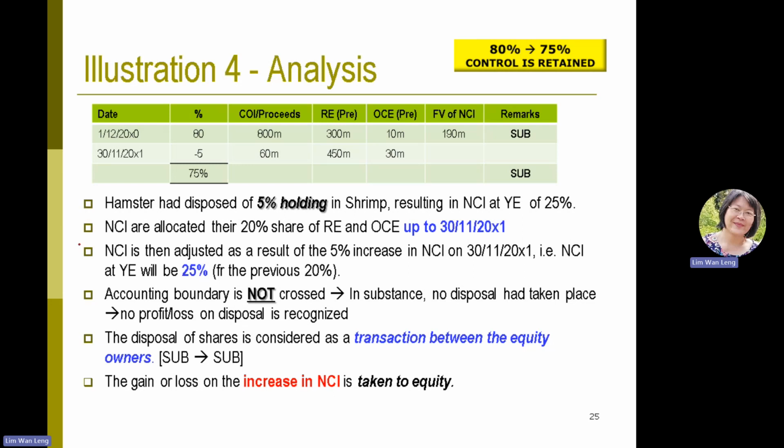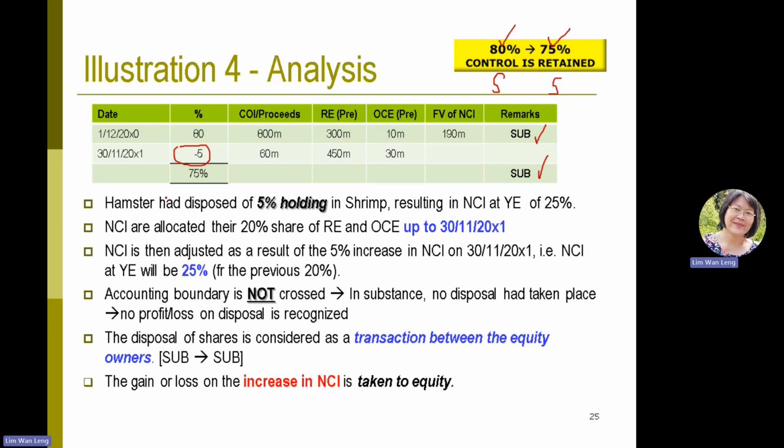Because I like this, if it's a disposal, I just put a minus. If it's an acquisition, I just put a plus. Then your status is 80% to 75%. A subsidiary is still a subsidiary. So all the figures are already given to you.